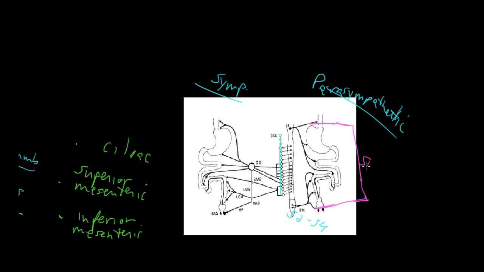These are smooth muscles. The striated muscles are the very beginning of your esophagus, up here, and your external sphincter at your anus, right down here. These are two striated muscles that get their innervation from parasympathetic nerves.